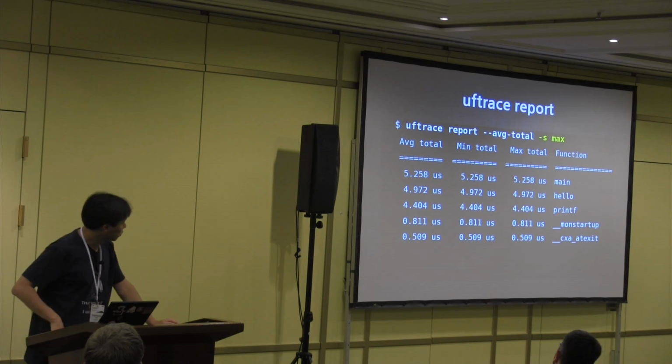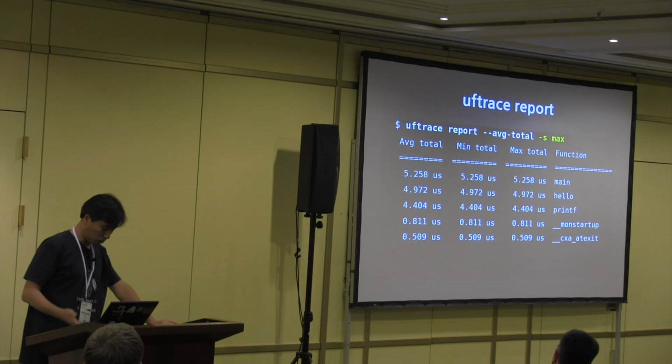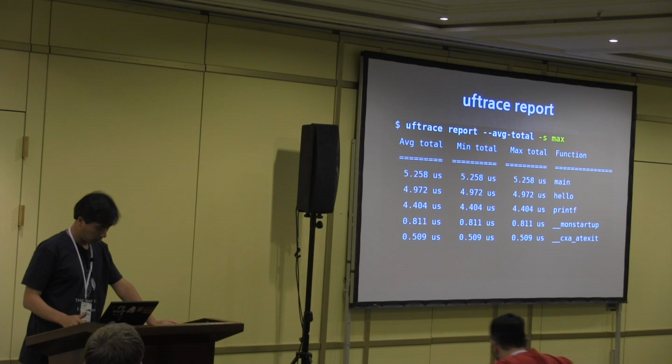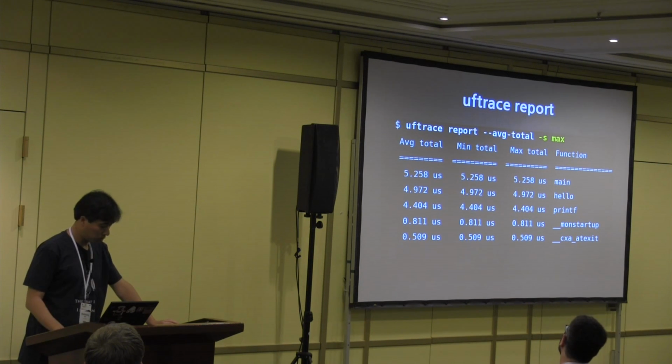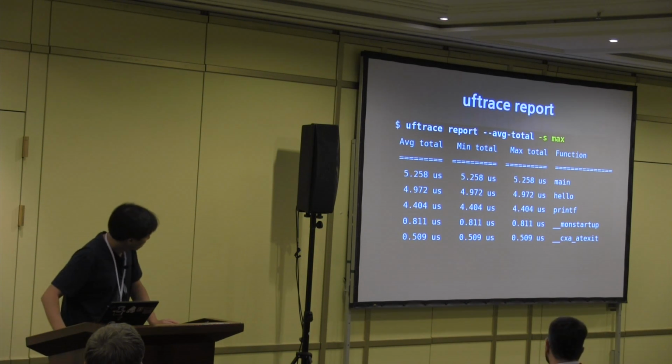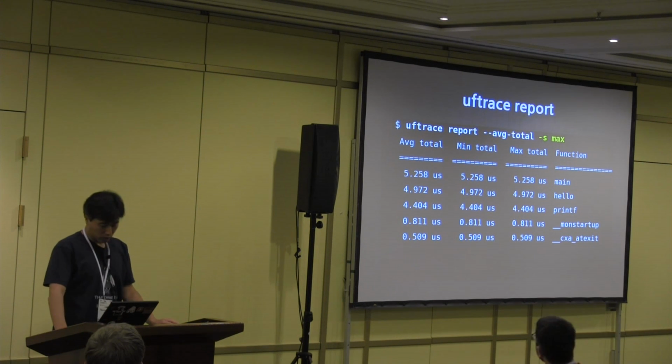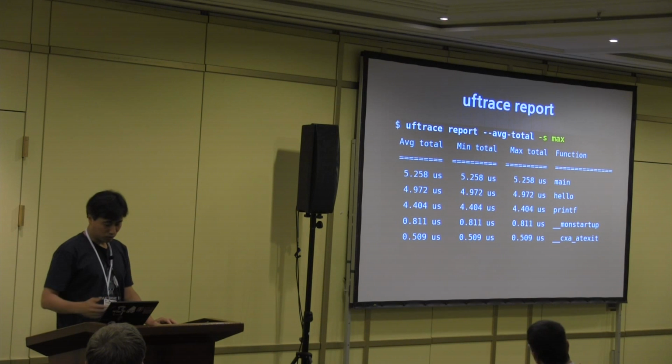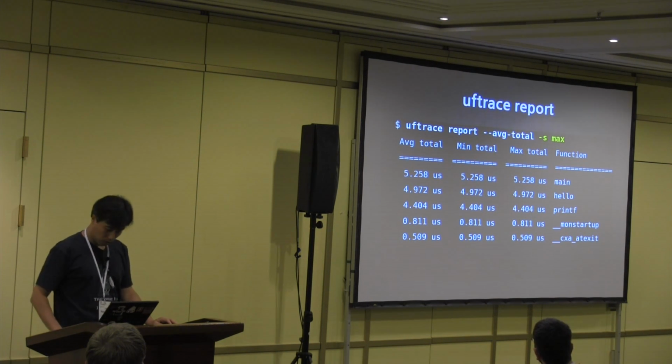And you can also use another sort option to select which sort key to use. In this case, all the functions are called just once, so average and max are the same, so the result is the same. But anyway, you can use sort options to set different sort keys.